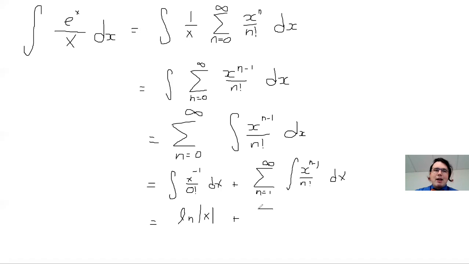And to that, I will have to add on the series n from 1 to infinity, x to the power n divided by n factorial, and then divided by n. And finally, there will be a constant of integration on here.